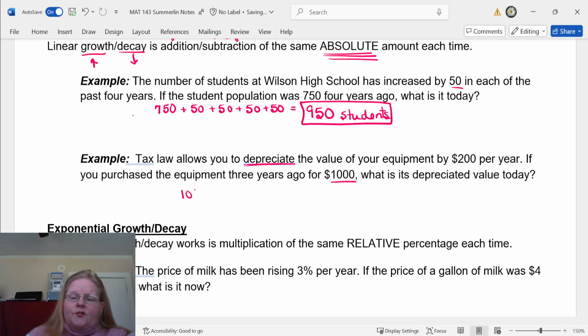So it was $1,000, and we are going down by $200 per year. And we're doing that for 3 years. So I got $200 that I'm subtracting for 1 year, for 2 years, and then for 3 years. So that's 800, minus another 200 is 600, minus another 200 is 400.